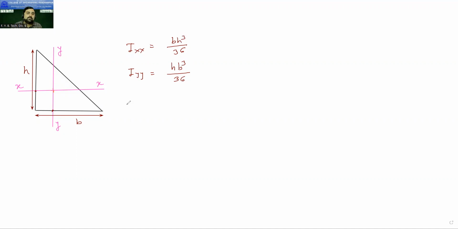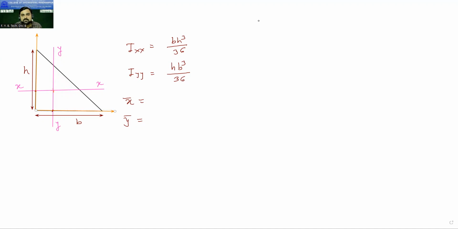You know the formula, and you know the formula for x bar and y bar also. So x bar of the triangle and y bar of the triangle, those are measured from the reference axis. So if I draw the reference axis, this is my reference y-axis, and this is the reference x-axis.